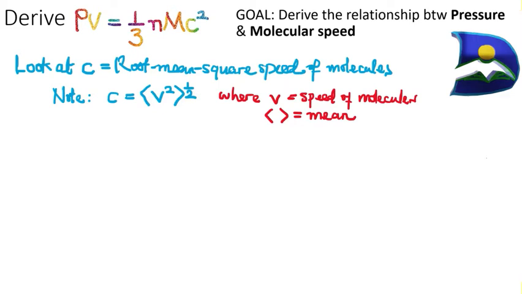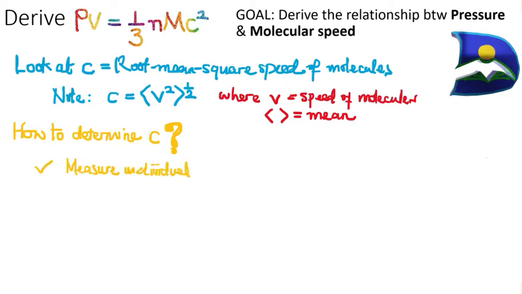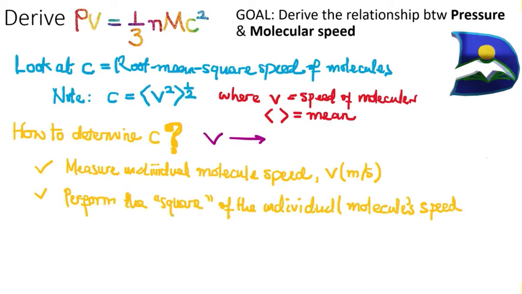So how do you determine c? To determine c mathematically, you first measure the individual molecule speeds, which is v. The unit, of course, is the standard unit, meters per second. Once you take the individual molecular speed measurements, you apply the square to the individual molecule speeds that were measured.